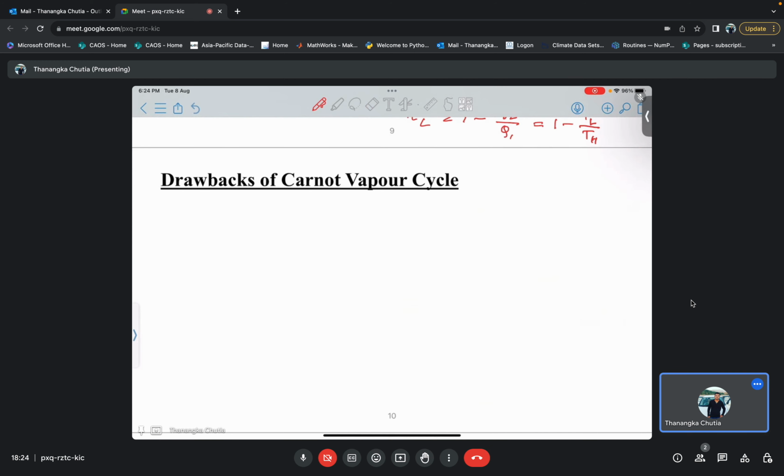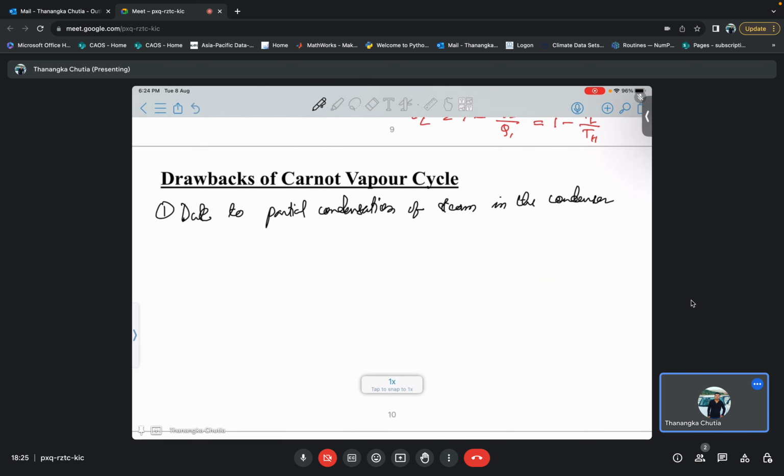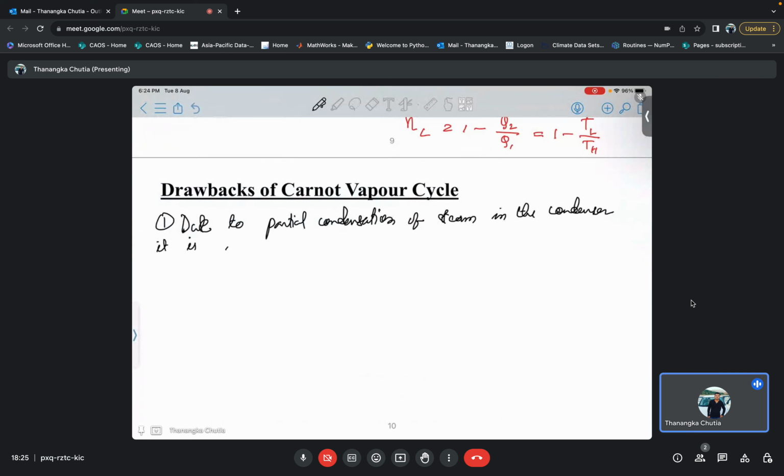The first drawback is that due to partial condensation of steam in the condenser, it is difficult to design such a condenser.